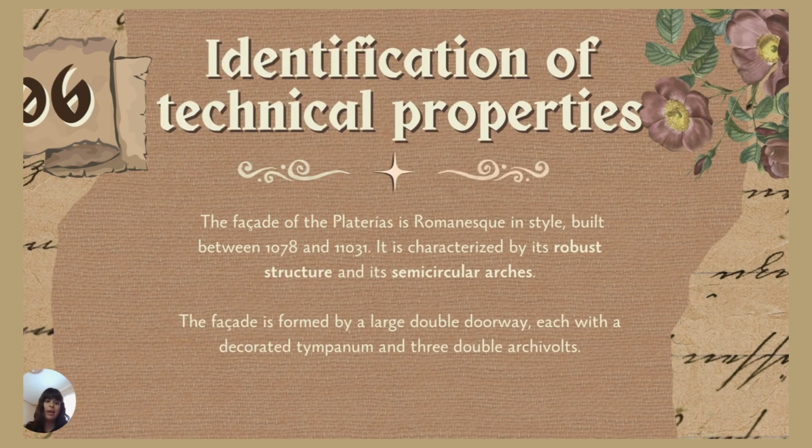Well, the facade of the Platerías is Romanesque in style, built between these years, as I mentioned, and it's characterized by its robust structure and its semicircular arcade. The facade is formed by a large double doorway, each with a decorated tympanum and three double archivolts.